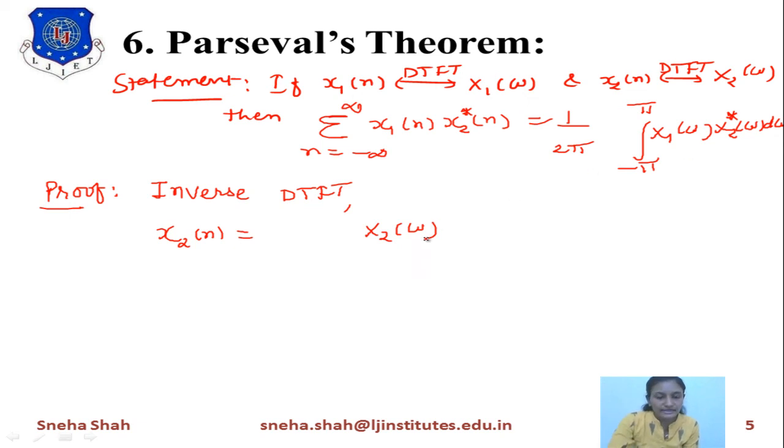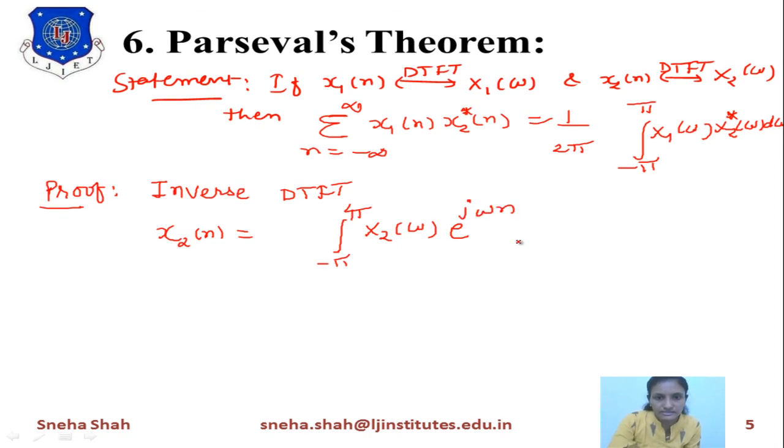As you know, omega will range either between 0 to 2 pi or between minus pi to pi. So we will take minus pi to pi, then this term will multiply with e raised to j omega n, and x2 is the function of omega, so over here we will write d omega, and as it is considered in terms of angular frequency, it will be divided by a factor of 1 upon 2 pi. So we have taken the inverse DTFT equation of this value.